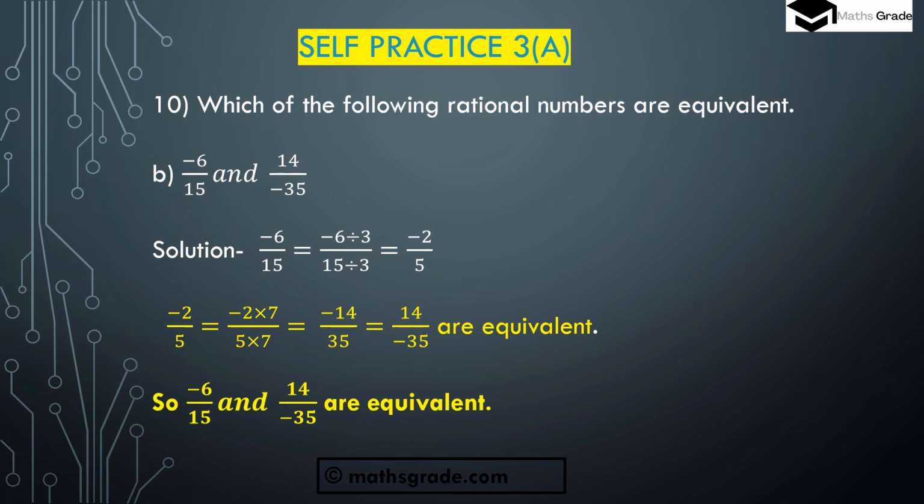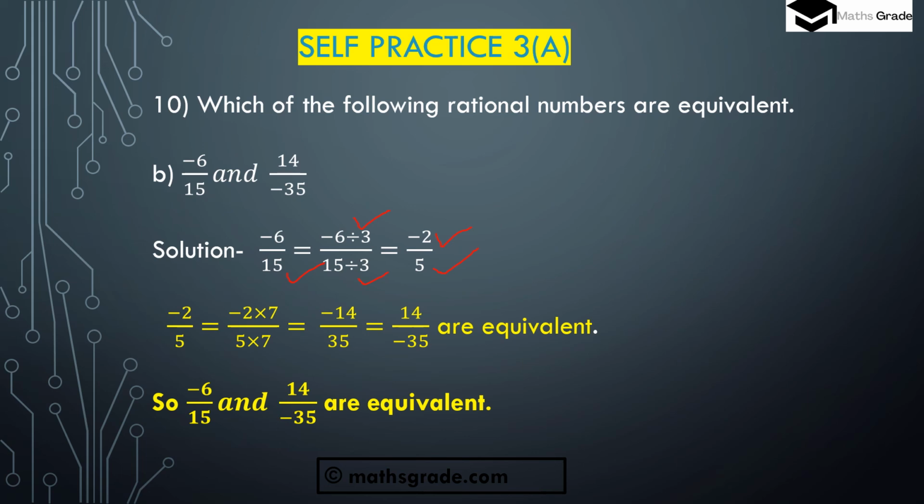So divide both numerator and denominator of minus 6 divided by 15 by 3. Minus 6 divided by 3 we get minus 2, and denominator 15 divided by 3 we get 5. So we get minus 2 divided by 5, which is the simplest form of the rational number minus 6 divided by 15.